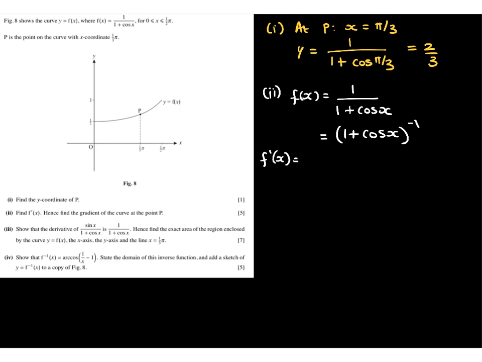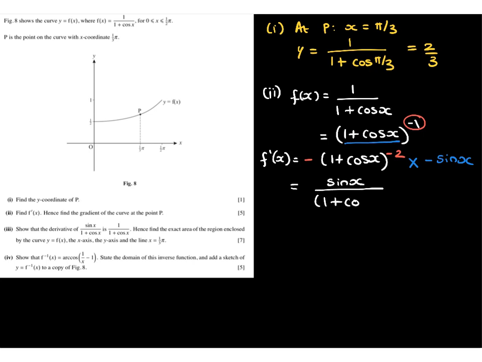The inner function is 1 plus cos x. It's being raised to a power of negative 1. So multiply by the power, reduce the power by 1, and then multiply by the derivative of the inner function. Differentiate 1, I get 0. Differentiate cos x, I get negative sine x. So this then simplifies to give me sine x over 1 plus cos x all squared.